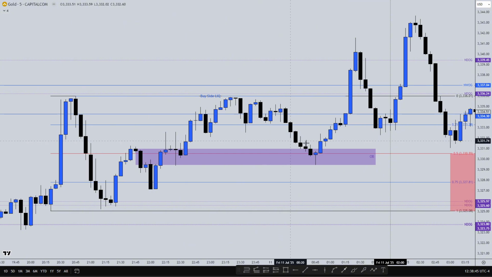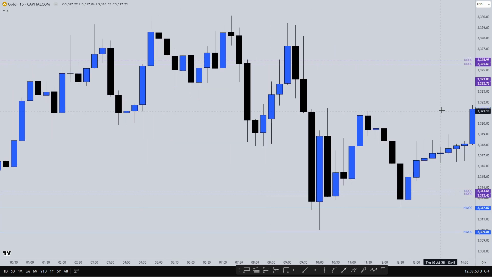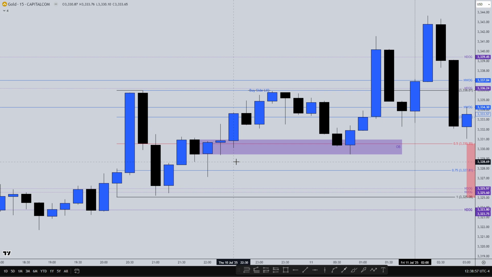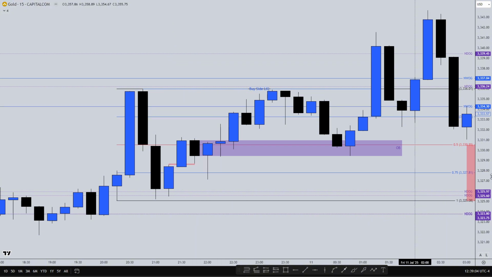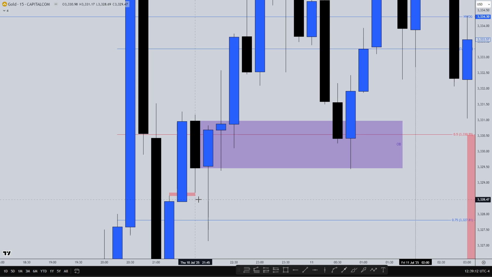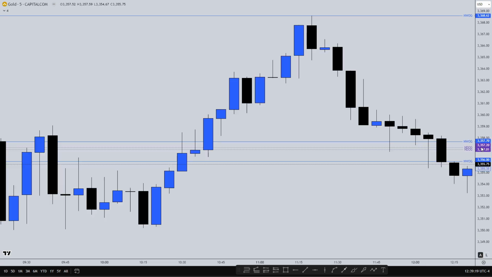So this is the order block that we found on the 15-minute time frame. This is the only PD array that we can see. There are no fair value gaps, or there is, which is this one. But I wouldn't expect the prices to reach this area, especially if we did a market structure shift or a change in the state of delivery on a lower time frame.